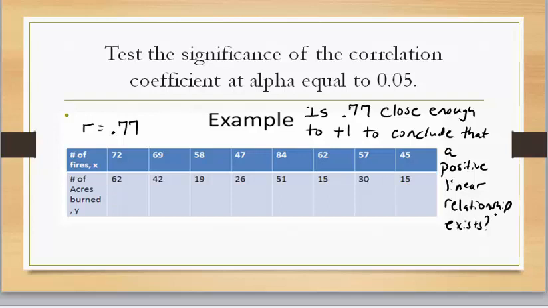Now, obviously, 0.77 is closer to +1 than it is to 0, but without doing some statistical work, we can't be sure that it's close enough to make that conclusion.